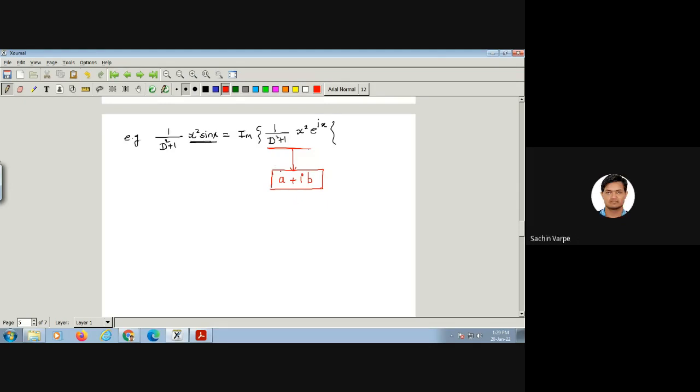And then from that I need only its imaginary part, because imaginary part is outside of that. What is the imaginary part here? This is the real part and this is the imaginary part, na? So imaginary part is b, and that is our required particular integral.